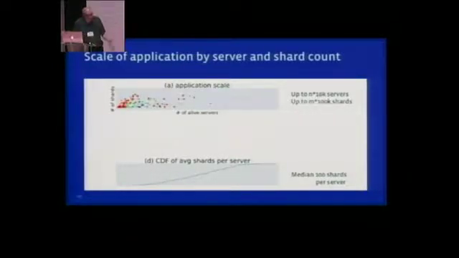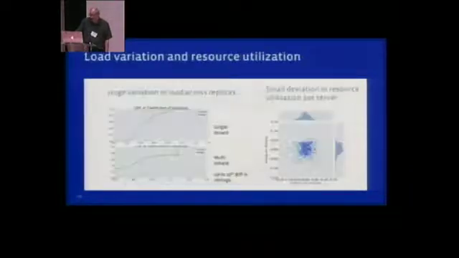The median is approximately 100 shards per server, but because of the very different demands by very different people, the amount of load is very different for my web page as for Obama's web page or whatever.